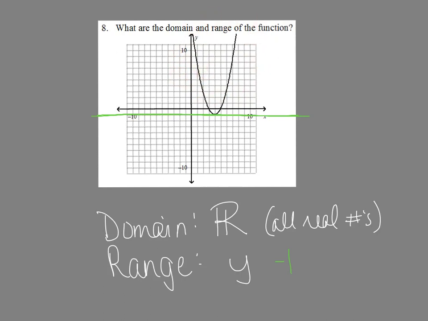So which symbol, the greater than or equal to or the less than or equal to, means above or greater than negative 1? So your range will be y is greater than or equal to negative 1. If you had a graph that is going downwards, like this one, that is when you would use the less than or equal to symbol.